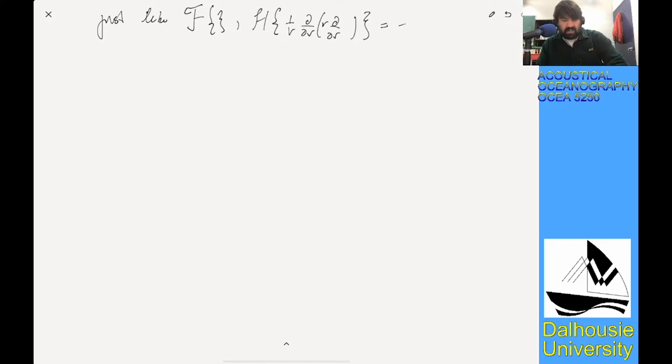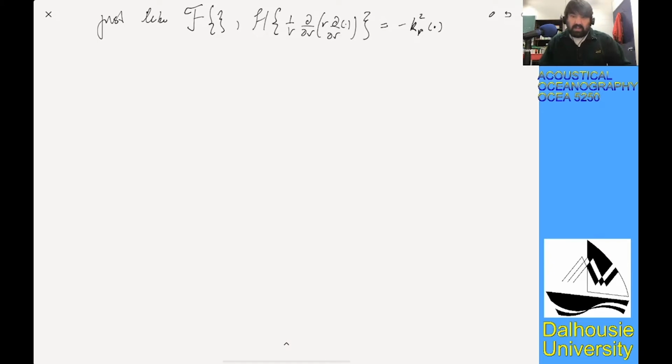So just like the Fourier transform, the Hankel transform of 1 over r d by dr of r d by dr, of that operator, is going to be equal to minus kr squared.